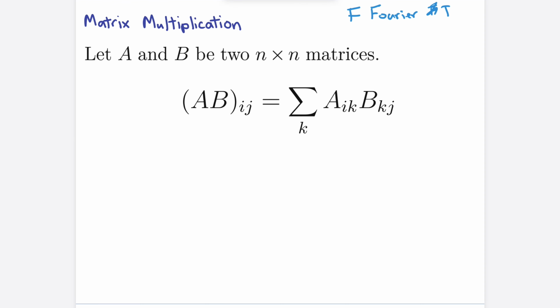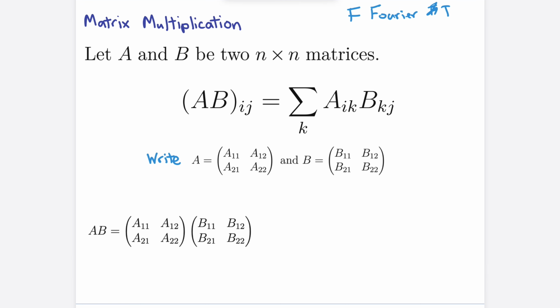Well, maybe we can try a setup that's a little more similar to Karatsuba, which is a more naive approach. Integers we break in half, but square matrices it makes sense to break into 4 square matrices.